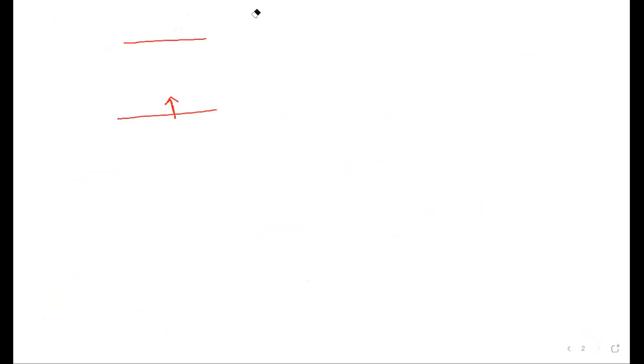And those that are opposing the magnetic field would be at a higher energy level than those that produce a magnetic field aligned with the external magnetic field.